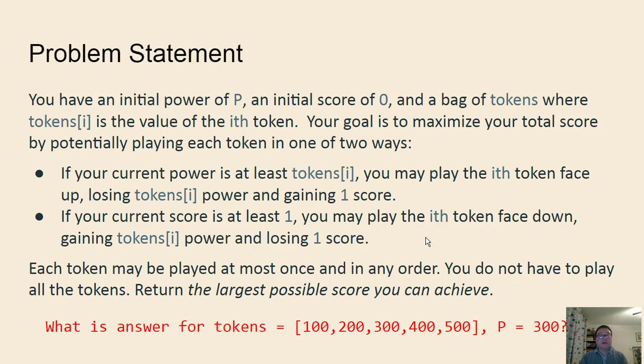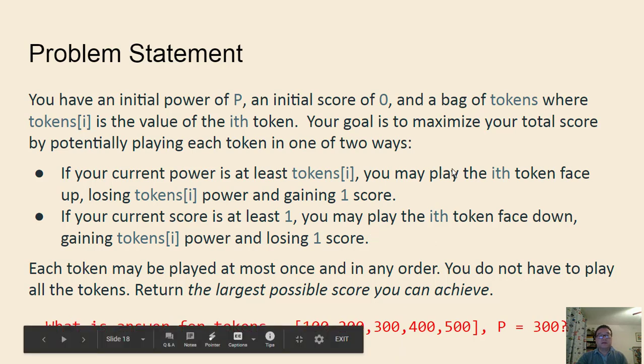Each token can be played at most once, in any order, and we don't have to play all the tokens, so we can leave some in the bag. The goal is to maximize the score we can get.